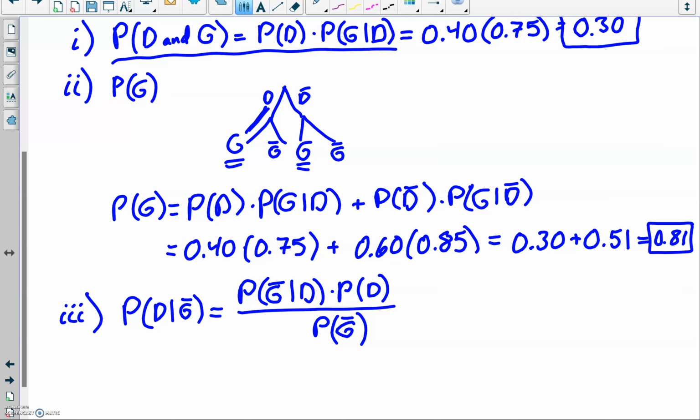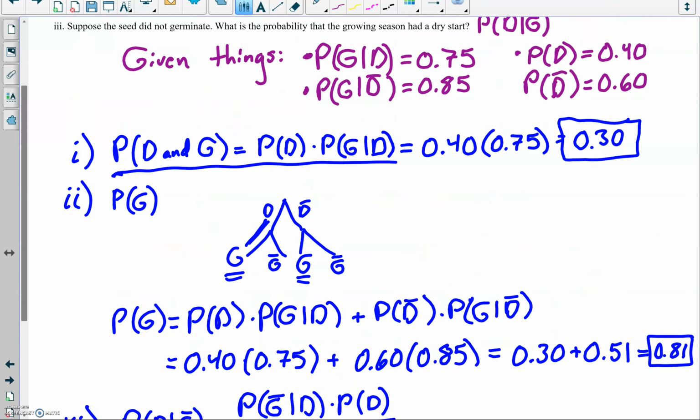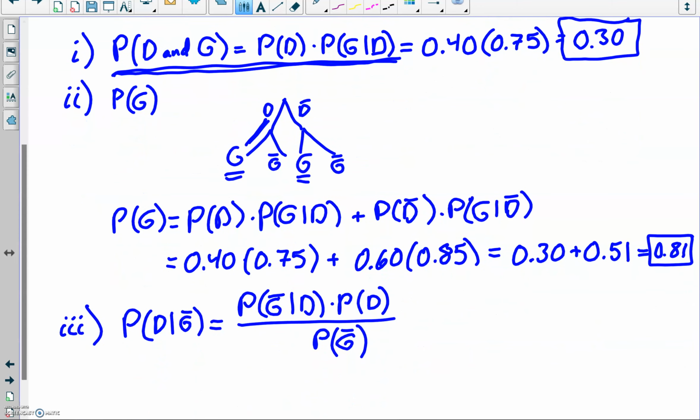But up top, what we really have here is this not germinating given D times the probability of D, that's really the probability of not germinating and D. And again, that flows from this original "and" scenario with dependent events, where Bayes just rearranged some things a little bit in order to allow for this structure where I can actually use some of the information I have.